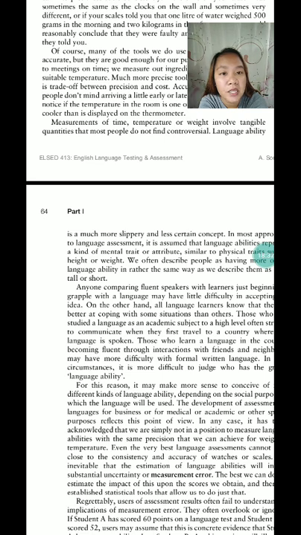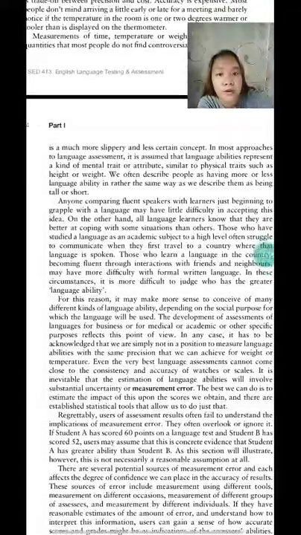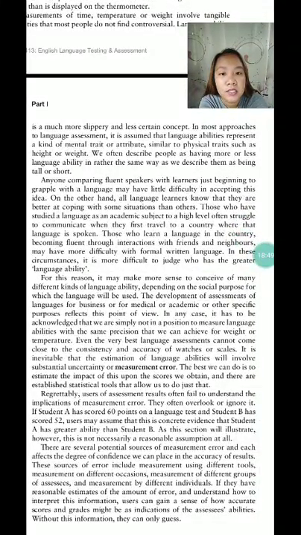Measurements of time, temperature, or weight involve tangible qualities that most people do not find controversial. Language ability is a much more slippery and less certain concept. In most approaches to language assessment, it is assumed that language abilities represent a kind of mental trait or attribute similar to physical traits such as height or weight.